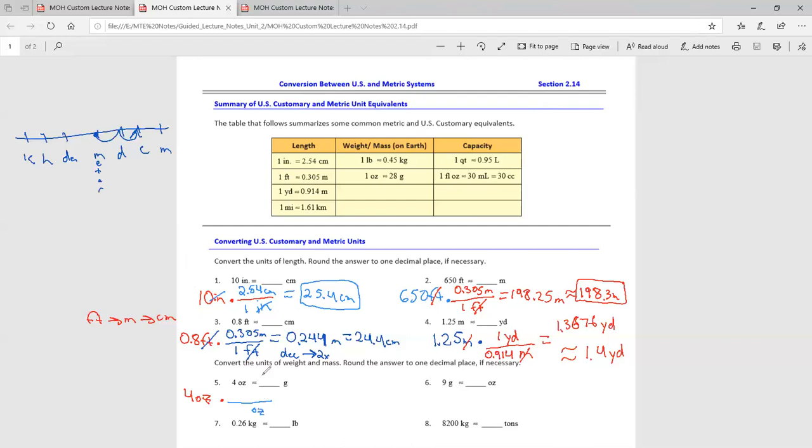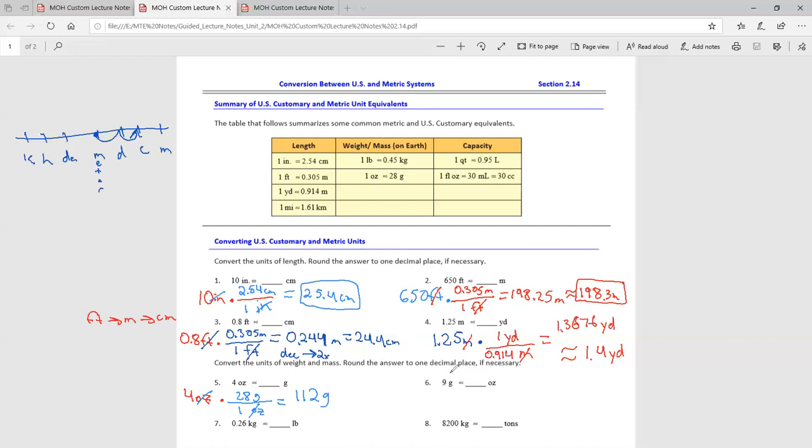We're converting to grams, and 1 ounce is 28 grams, so 1 ounce in the bottom, 28 grams in the top. So we're back to multiplication, and we're going to do 4 times 28, which should be 112, I believe. Yes. 112 grams, because our ounces are gone. So that's our answer, 112 grams.